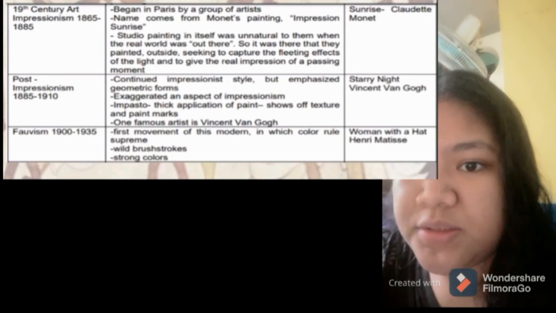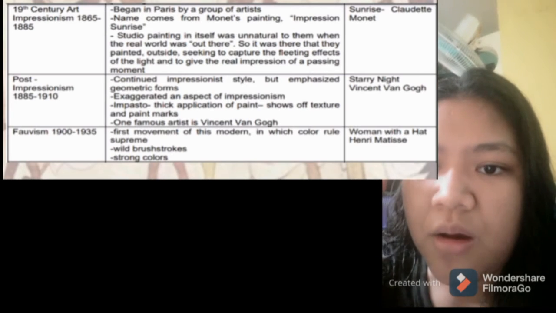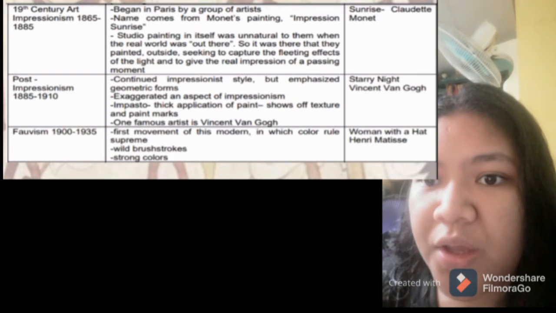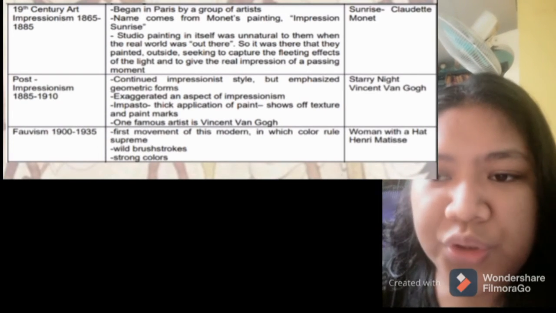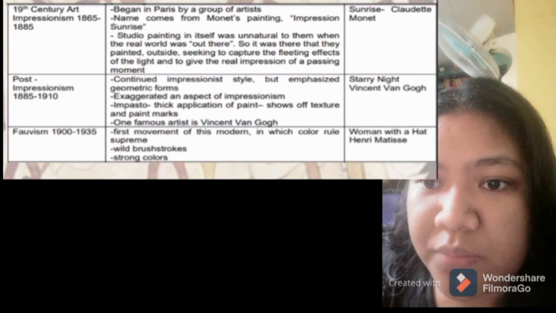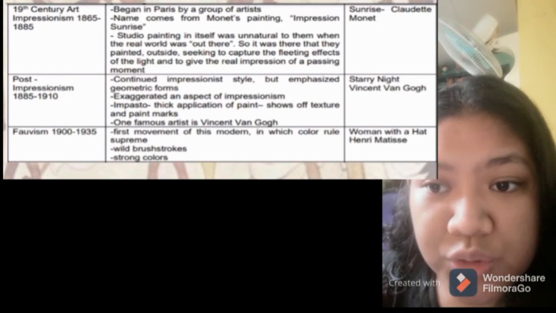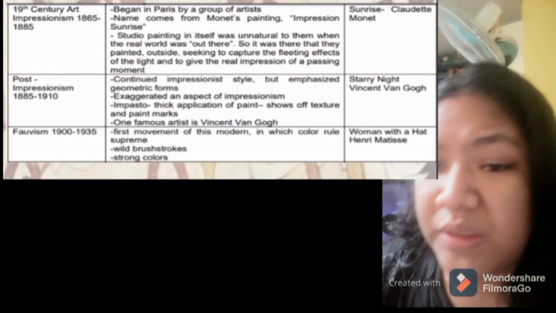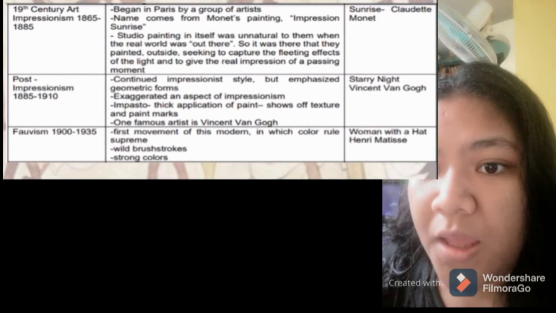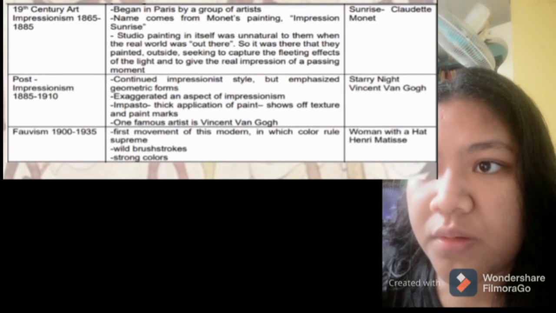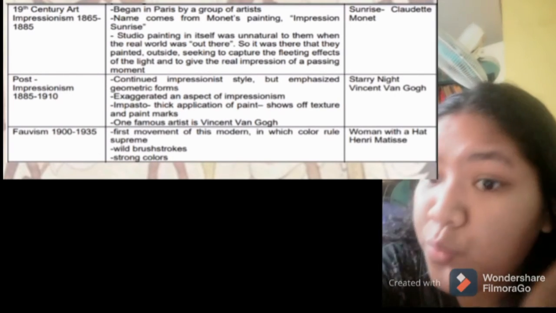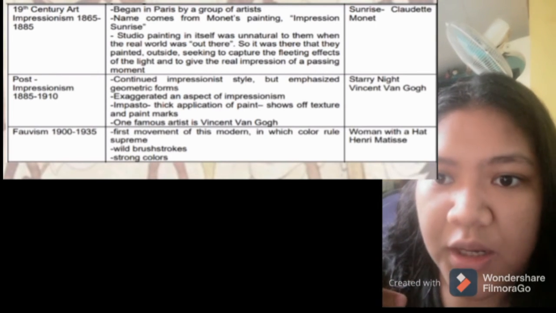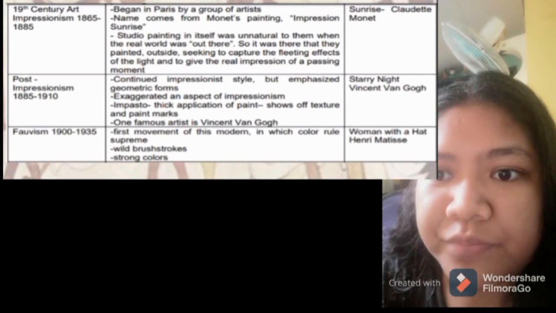So, next period, Fauvism, 1900s to 1935. First movement of the modern, in which color rules supreme, with wild brush strokes and strong colors. So, when we say Fauvism, there's a word na ikinakabit doon sa Fauvism, which is the modern.